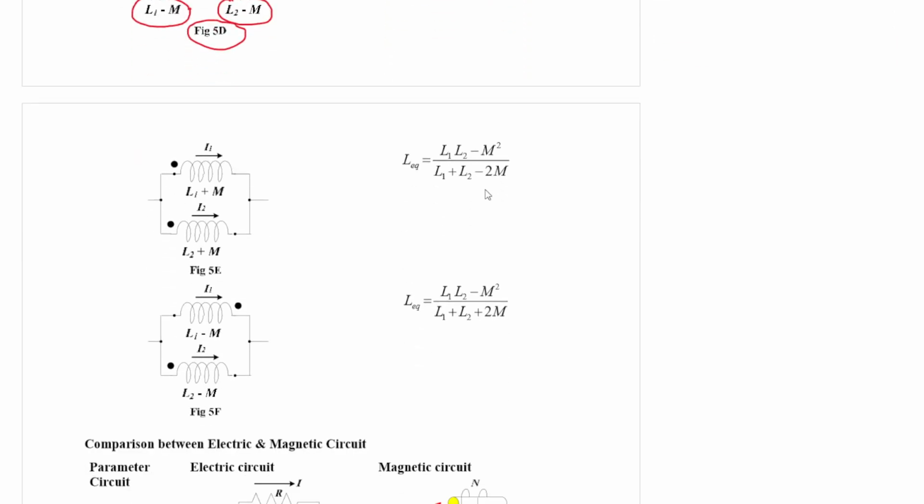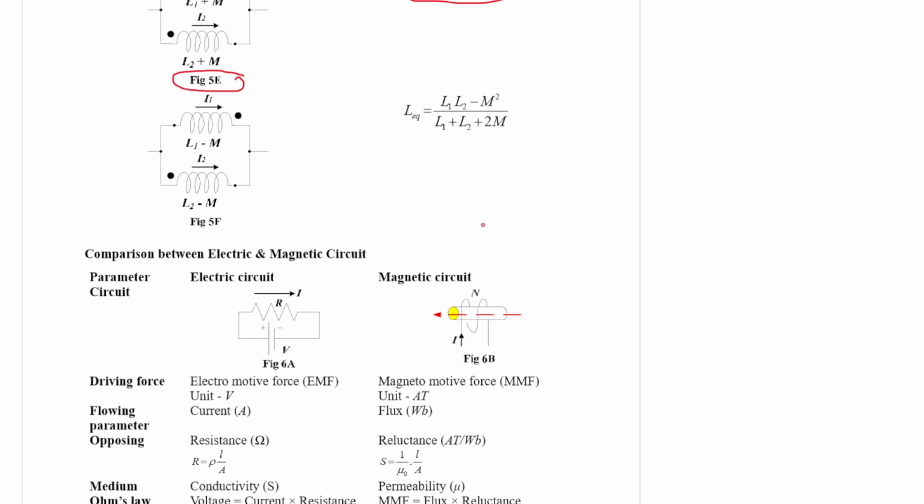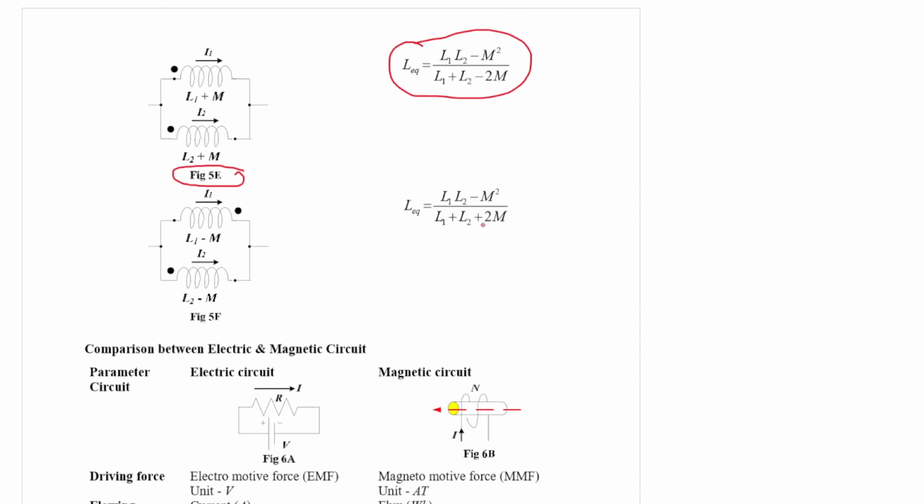Now we can also have a parallel circuit. This is the additive polarity, figure 5E, and this is the equivalent inductance. And for subtractive polarity, figure 5F, this should be the equivalent inductance.